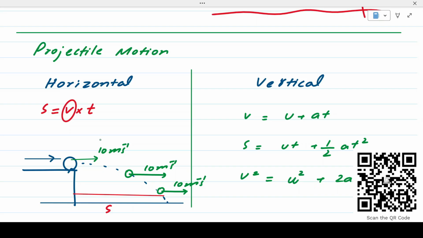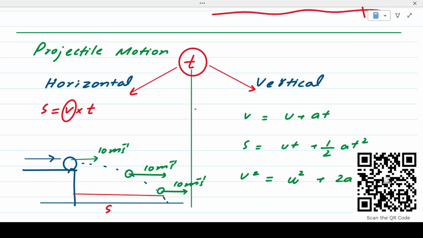Horizontally it doesn't accelerate because the velocity is assumed to be uniform in horizontal motion. Now one thing is the same, which is time. So time in horizontal motion and in vertical motion is the same.